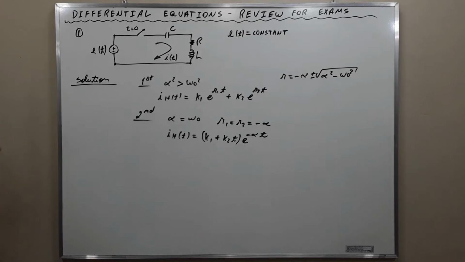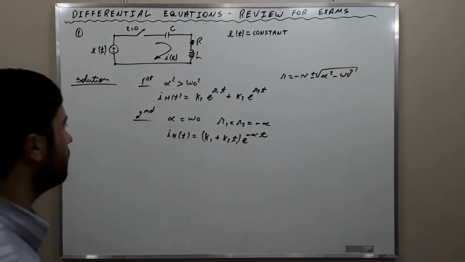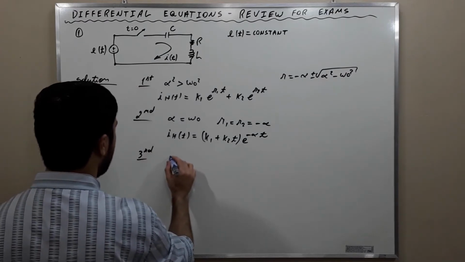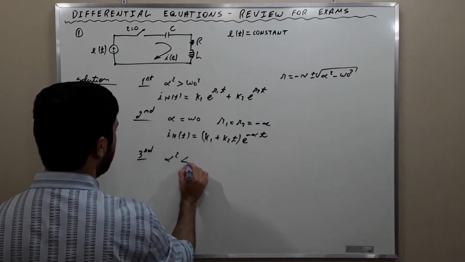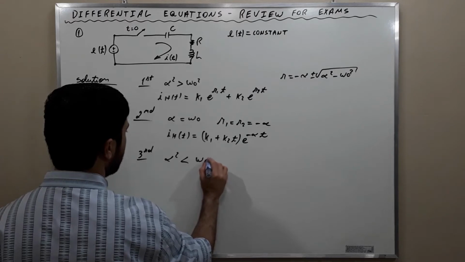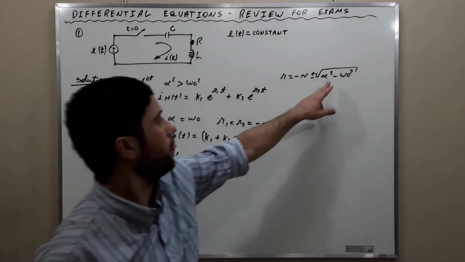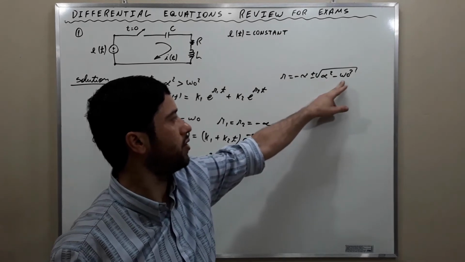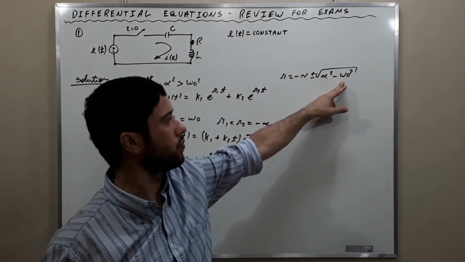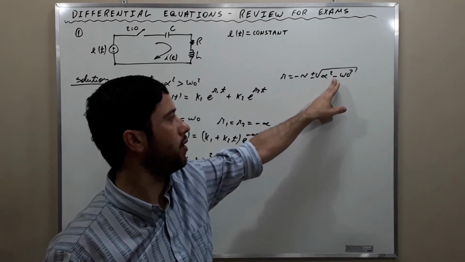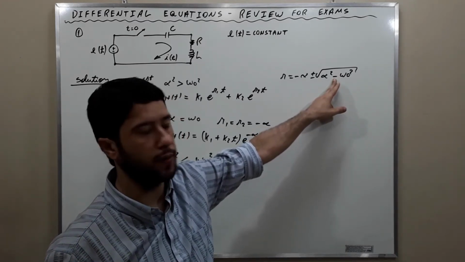All right, and finally the third possibility is when alpha squared is less than w0 squared. In this case we have a negative number under the root.